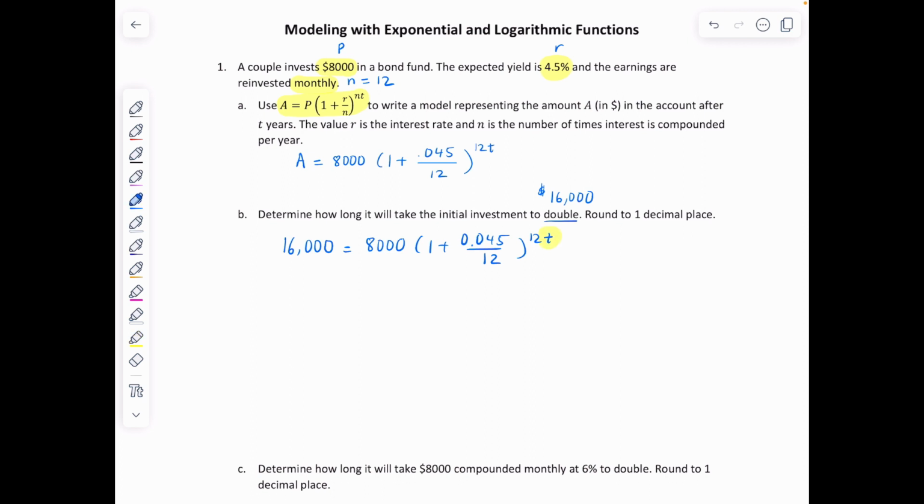Now this is an exponential equation, which means to solve this, we're going to have to isolate the exponential expression, which is this guy right here. So to do that, we're going to divide both sides by 8,000 first. So this will cancel.